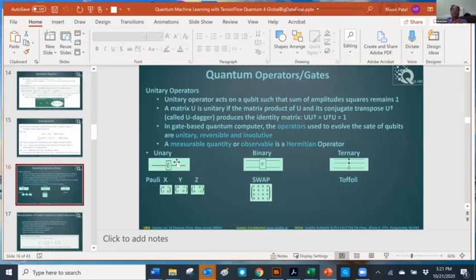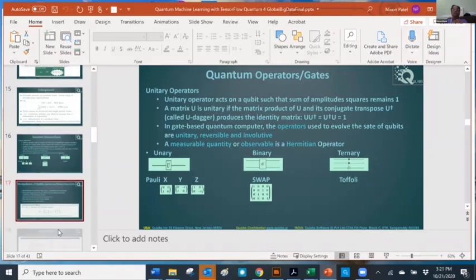There are things called gates, just like classical gates. We have unitary operators and gates, binary operators and gates, tertiary operators, which do certain operations that make computation possible.